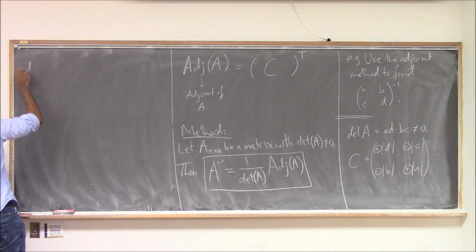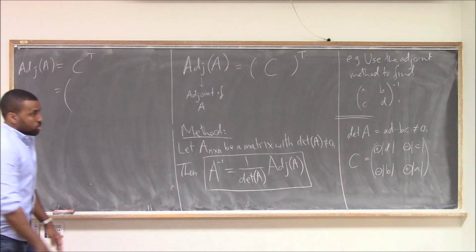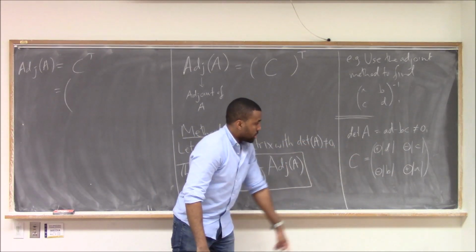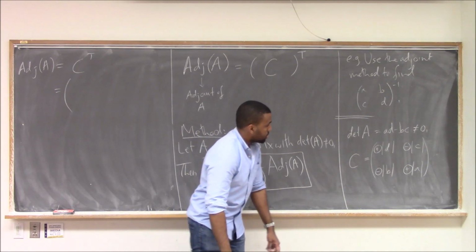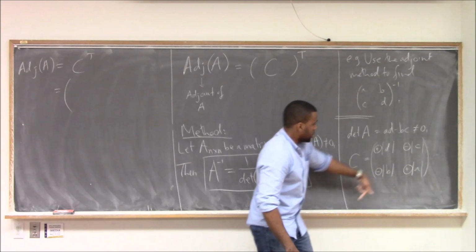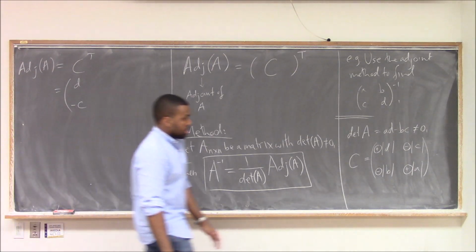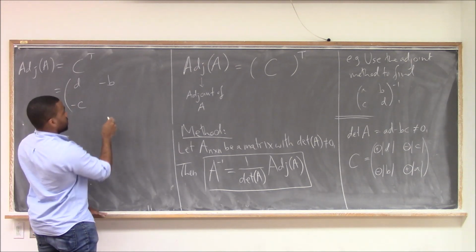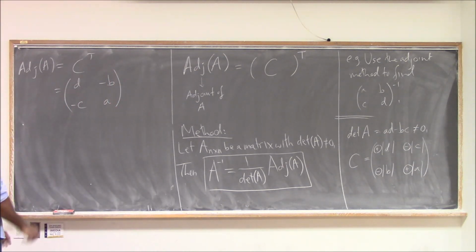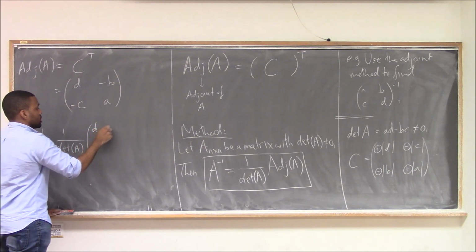And so now the adjoint of A will be equal to C transpose, which is going to be equal to, the first row becomes the first column, so that's going to be a plus D, minus C. And the second row is going to become the second column, so that's going to be a minus B, plus A. Which means A inverse for the 2 by 2 is 1 over the determinant of A times this matrix.